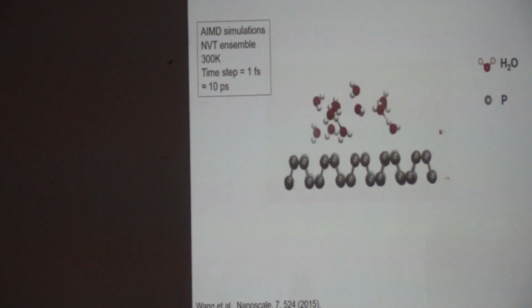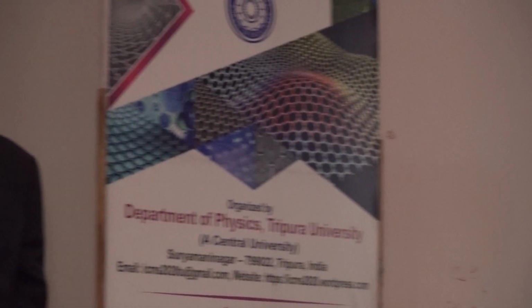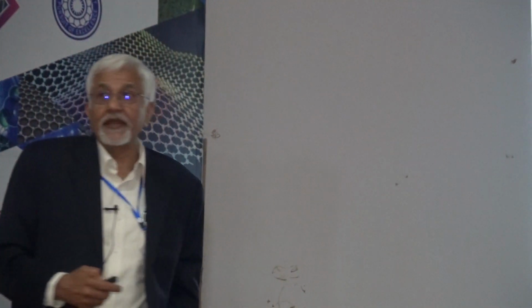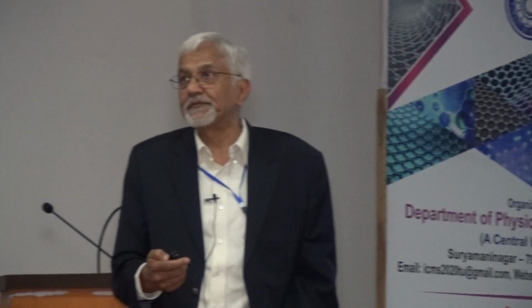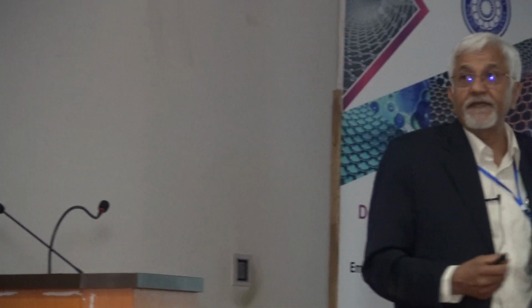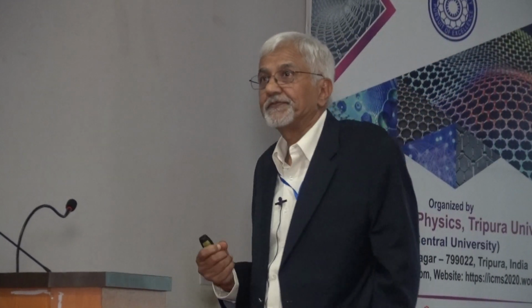And what you find is nothing happens. The phosphorene does not interact with water molecules. So how can we explain the instability of phosphorene in air? What we propose is that phosphorene first interacts with oxygen.